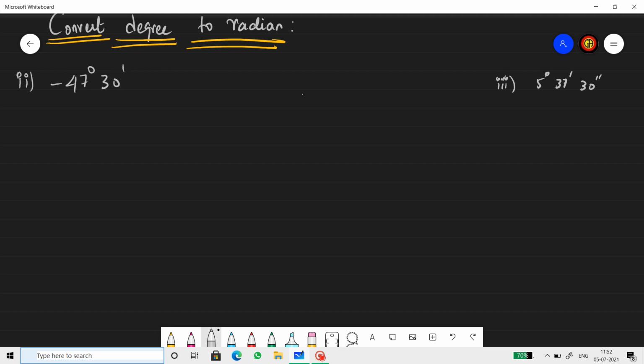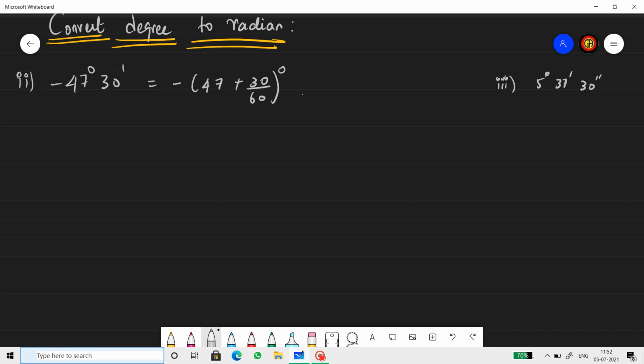Now, the first question was converting some standard wholesome degree into radian form. Now this one is 47 degree and 30 minutes. Alright, not a full-form degree, right? We have minutes here. Let's see how to do this. Now 47 degree 30 minutes, we will write it as minus of 47 plus 30 by 60 degree.